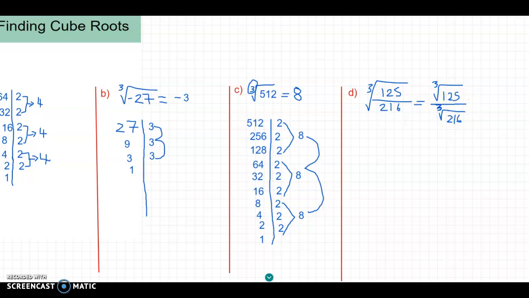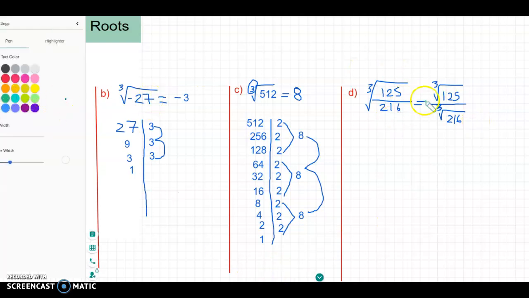All right. So guys, let's see. The cubic root of 125. We will find out this cubic root first, and we are going to do prime factorization. So 125, we can start dividing by 5. If we divide 125 by 5, that will be 25.